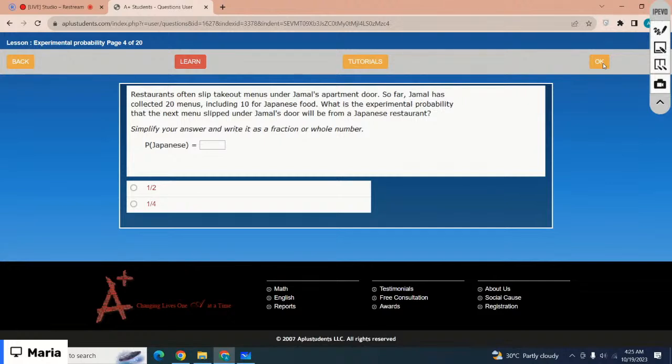Restaurants often slip takeout menus under Jamal's apartment door. So far, Jamal has collected 20 menus, including 10 of Japanese food. What is the experimental probability that the next menu slipped under Jamal's door will be from a Japanese restaurant?